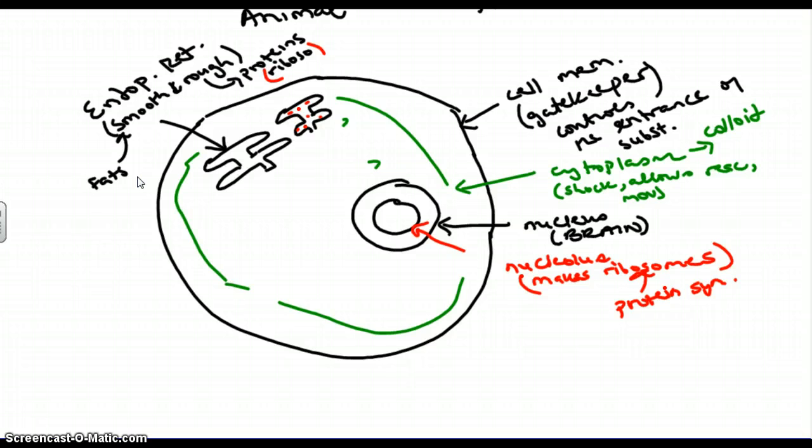So the Golgi apparatus is 8 membrane-bound channels which appear to be flattened sacs. We'll change the color here to something such as yellow, and this is what the Golgi apparatus looks like. So it's 8 sacs.